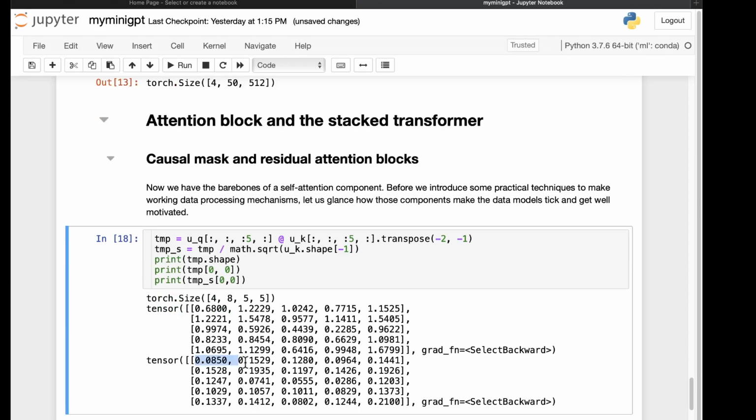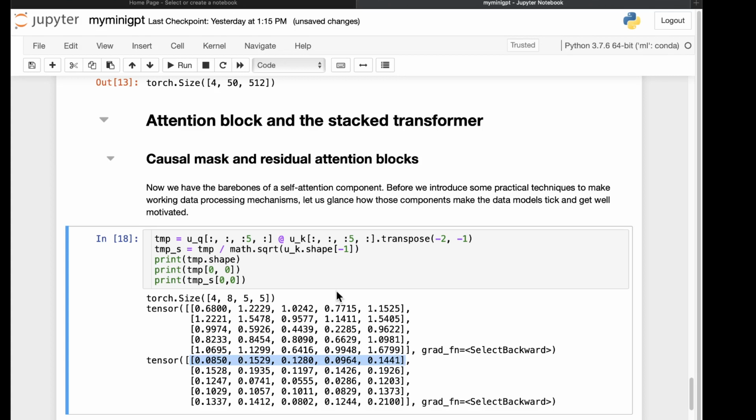See, this is scaled. So after scaling, we will scale it again using softmax to convert each row of this matrix into a probability distribution, which means we will convert all those scores to between 0 and 1 and let them sum together to be 1.